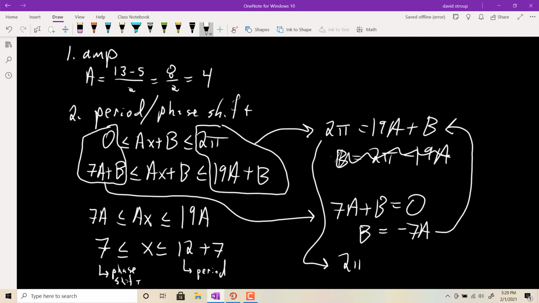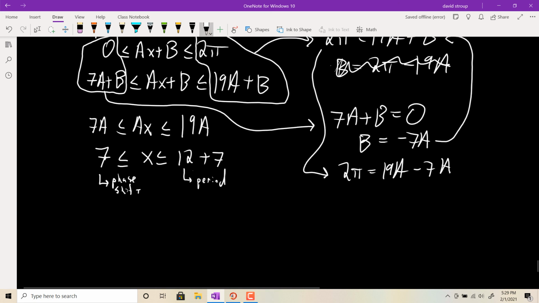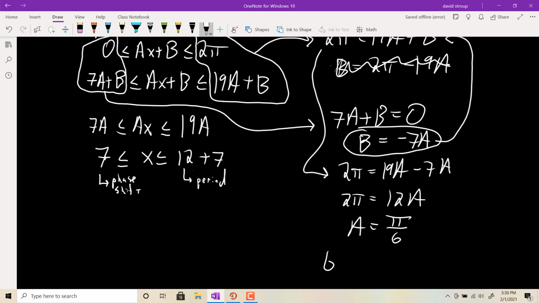And I get 2 pi equals 19a minus 7a. Right. And then 2 pi will equal 12a. So a will equal 2 pi over 12, which is just pi over 6. And then for b, just use this formula. So b will equal negative 7 times pi over 6, which will be negative 7 pi over 6.